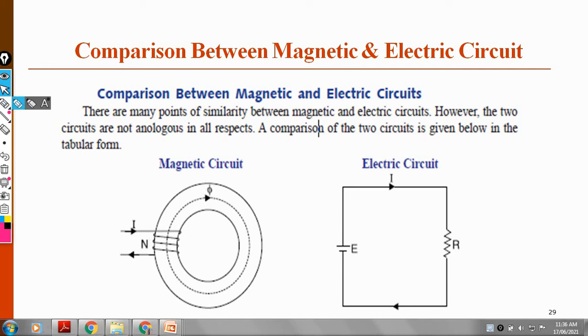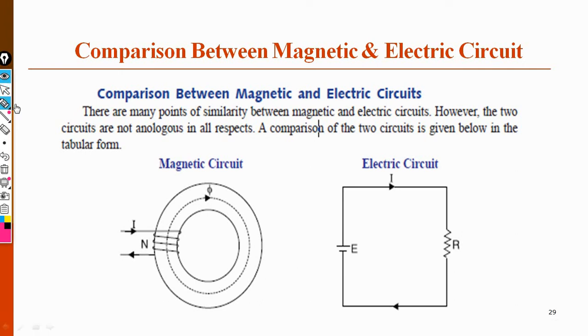Okay, then the first circuit is the magnetic circuit. This is the magnetic circuit and this is the electric circuit, and we need their exact working. In the magnetic circuit, the magnetic flux passes through it, so this type of circuit is called a magnetic circuit.